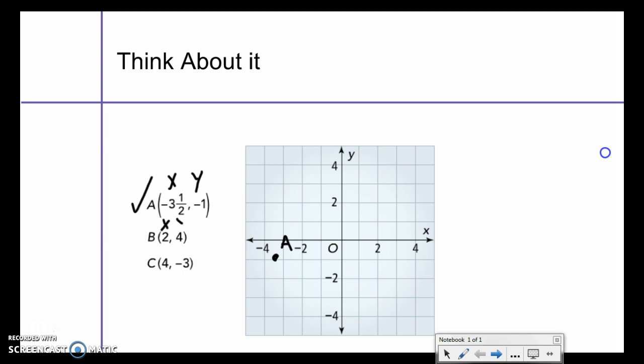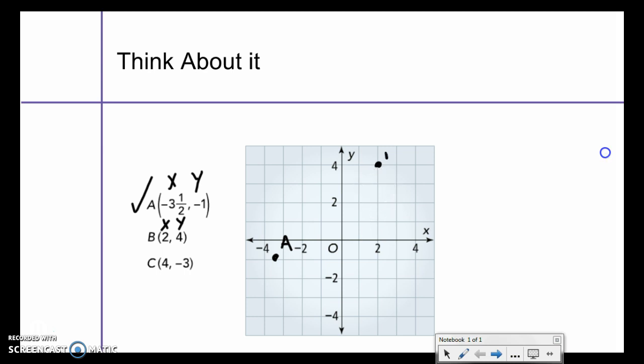B. This one's going to be really easy. I know a lot of you guys are really good at plotting whole numbers. So x is first: 1, 2. And then y: 1, 2, 3, 4. Okay.